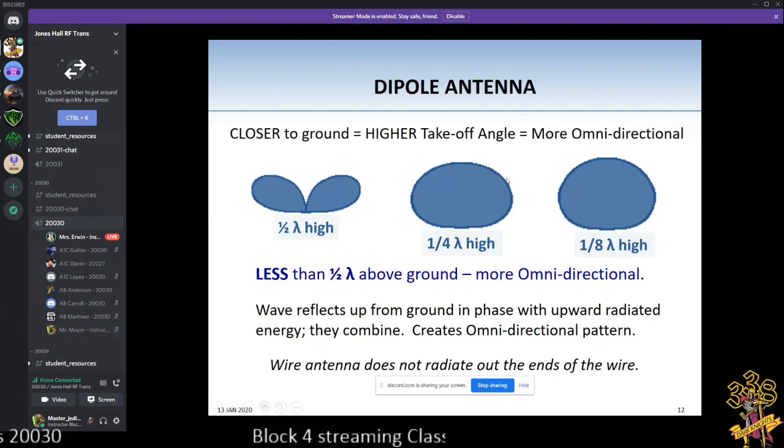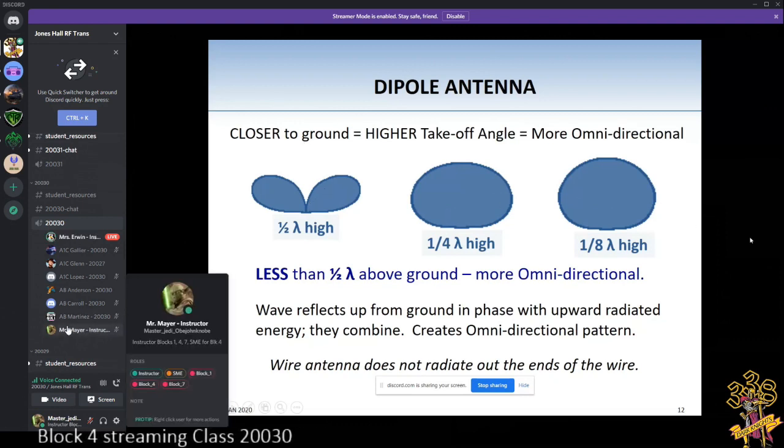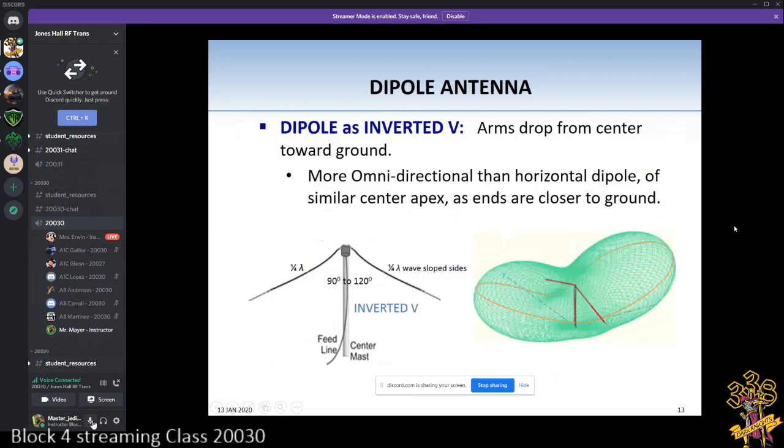So you will get that omnidirectional pattern. When you are half wave or more above the ground, that wave reflecting up from ground is going to be out of phase and cancel out this upward radiating signal. And absolutely.